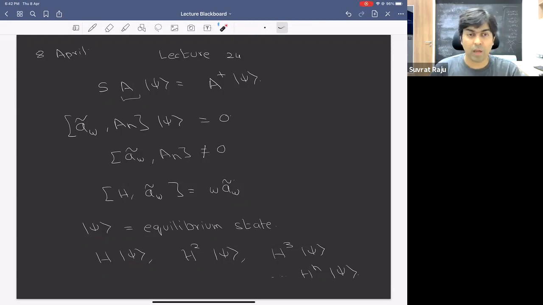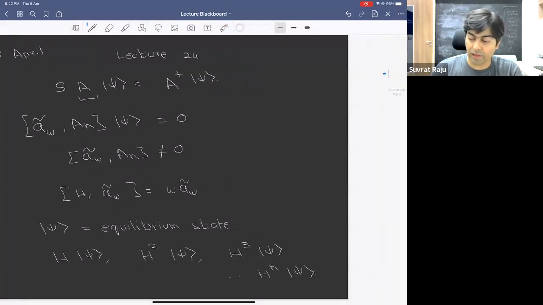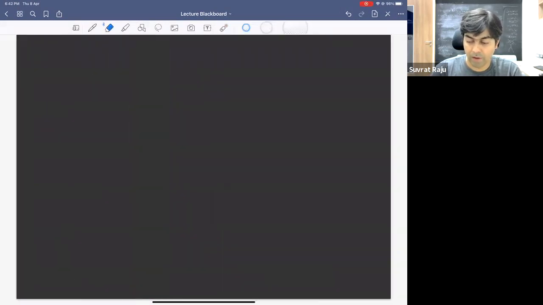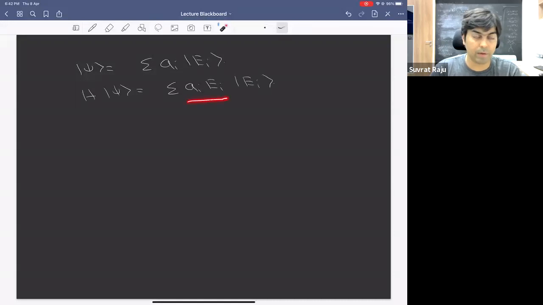But let me just point out that for a generic state, if you consider H psi, that is not the same as psi. And the reason is that psi is some linear combination of energy eigenstates taken from some band, and in general these coefficients are non-zero. And so if you take H psi, that gives you some different state, which has different coefficients, where these coefficients have been multiplied by E_i.